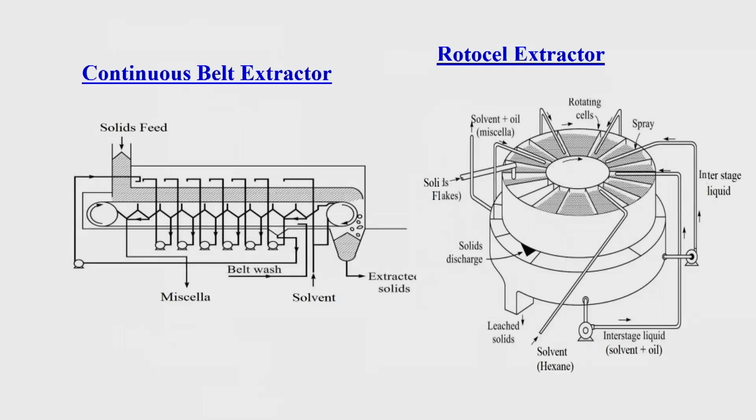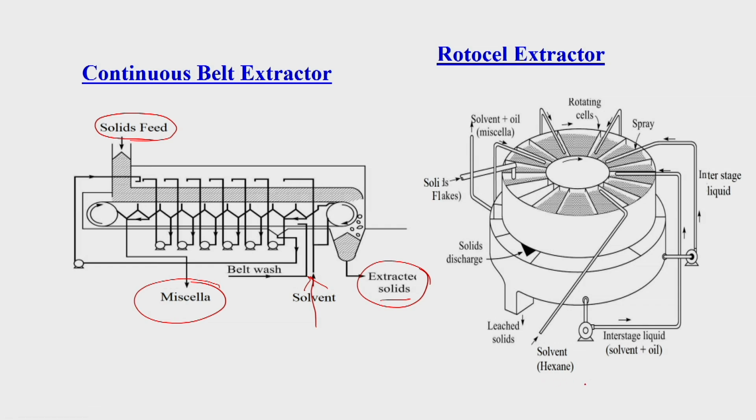Okay. And like the continuous belt type extractor, using this belt, solid feed enters from here and the solvent is supplied from the bottom of this belt extractor, and then the extracted solid or inert material is separated from here and the miscella comes out from the other side of the extractor.